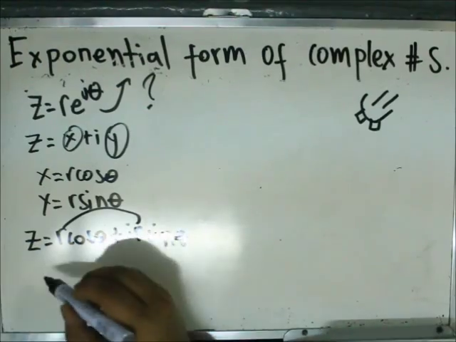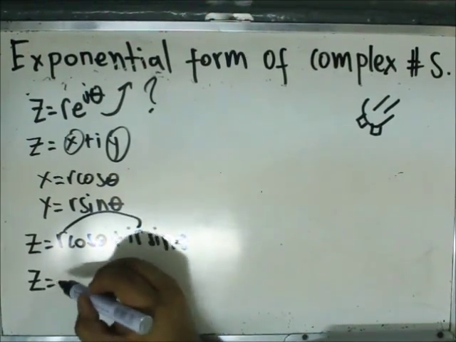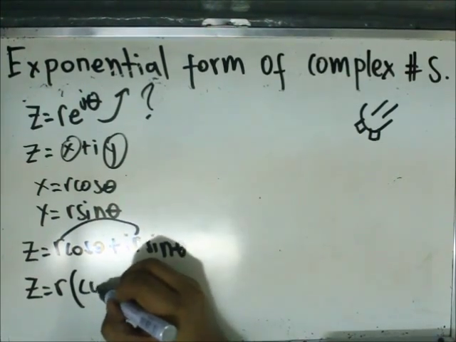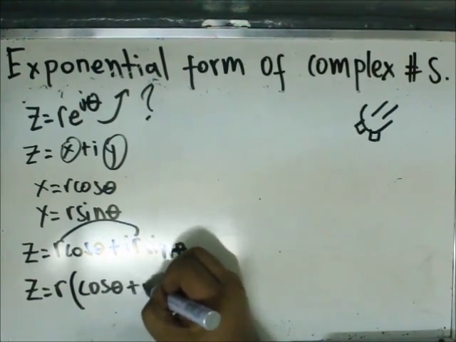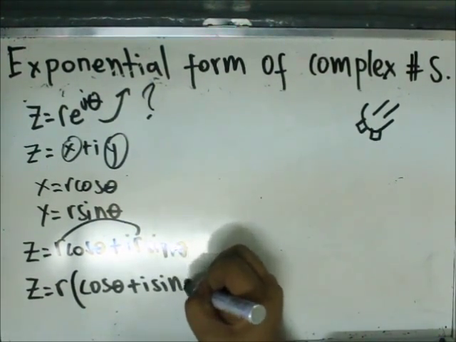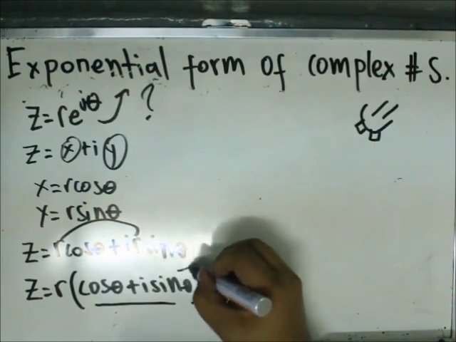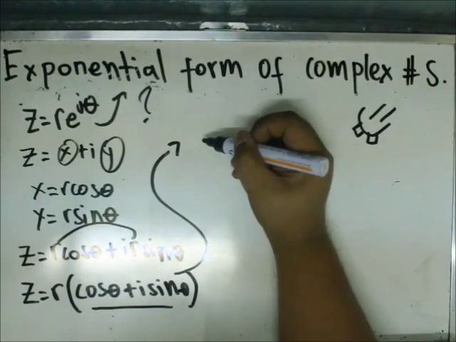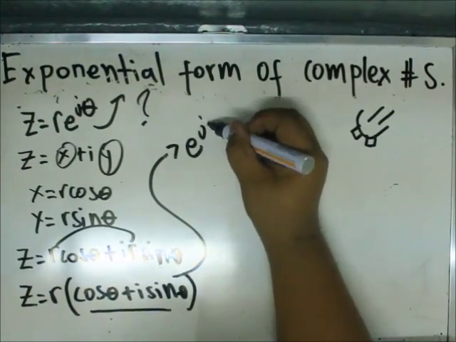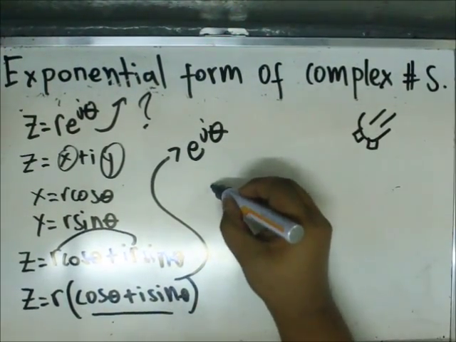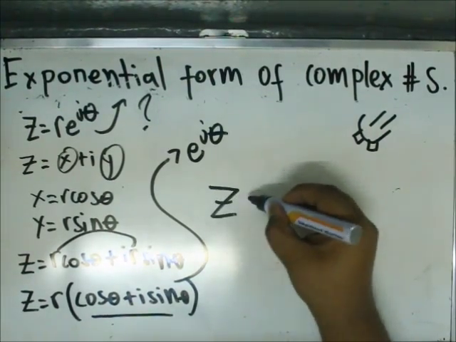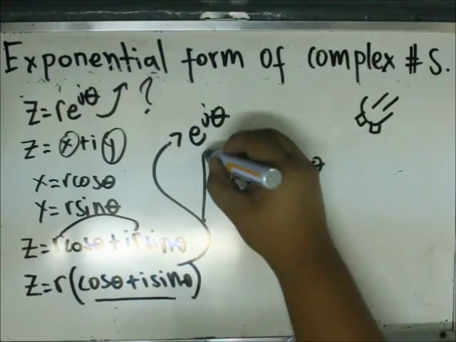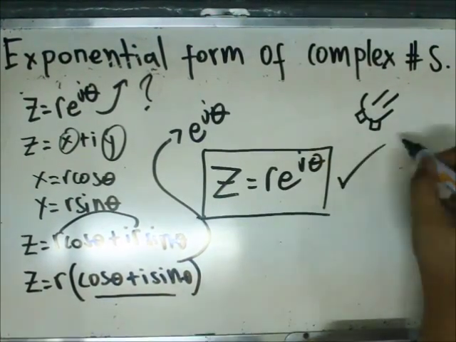Extracting the r from those two functions, we get z equals r times the quantity cos theta plus i sin theta. Looking inside the quantity, the equivalent function of cos theta plus i sin theta is e raised to j theta. Now, z is equal to r times e raised to j theta. That's how it is derived.